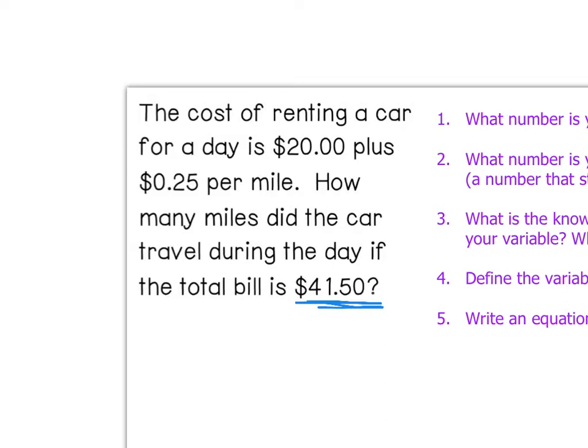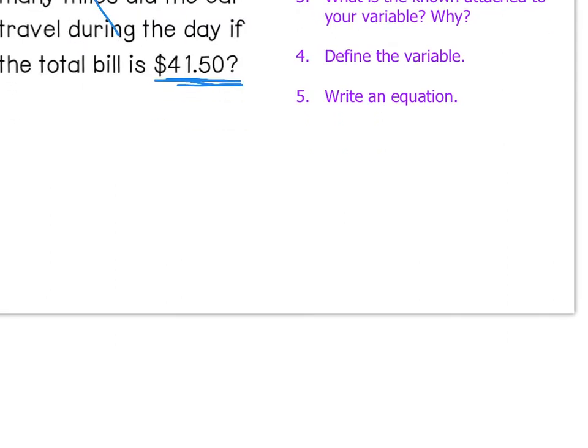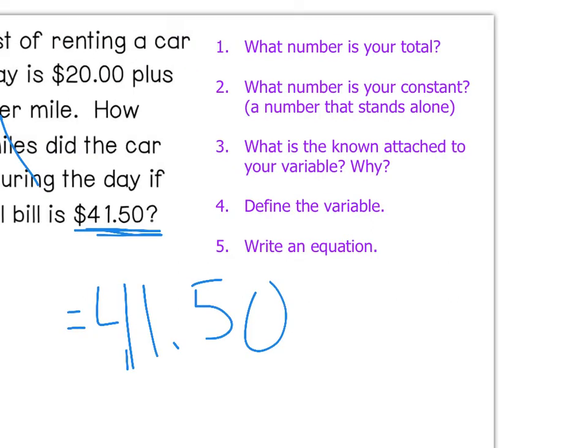So I'm going to come down here, and I'm going to write the total right here. Oh, sorry about that. So we have $41.50. That is our total. That goes by itself.